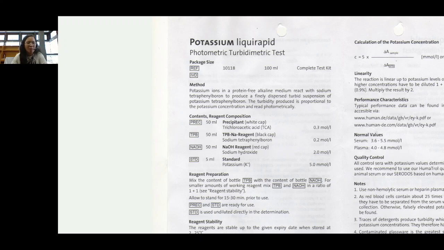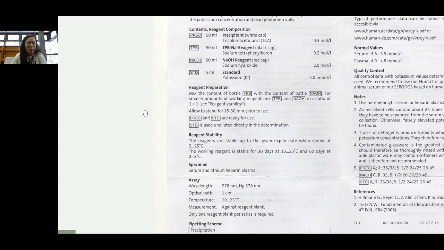So still, we will be doing precipitation here, protein precipitation here for your potassium determination. So the precipitant here for potassium is your TCA, your trichloroacetic acid. Then your reagents would be your sodium tetraphenyl boron and your sodium hydroxide. And then, of course, you will always have a standard to be used.